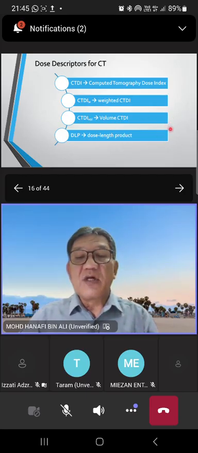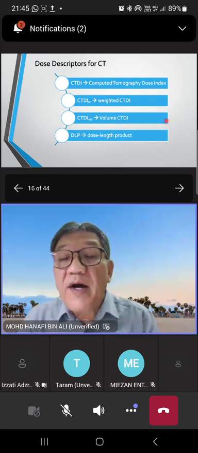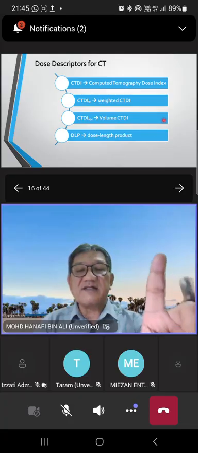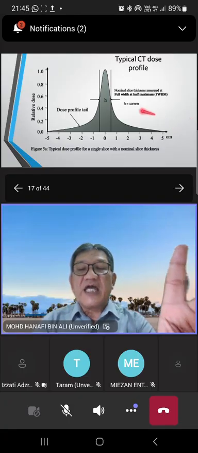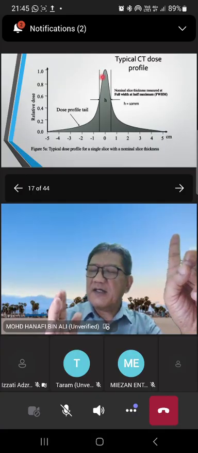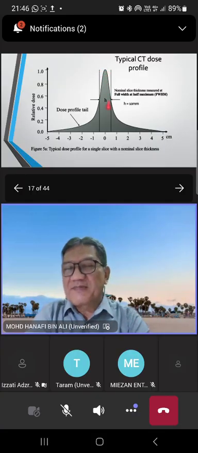If we take one CT scan, the effective dose is about 3, compared to 0.02, about 150 times. Meaning that one chest CT scan is equivalent to 150 chest X-rays.